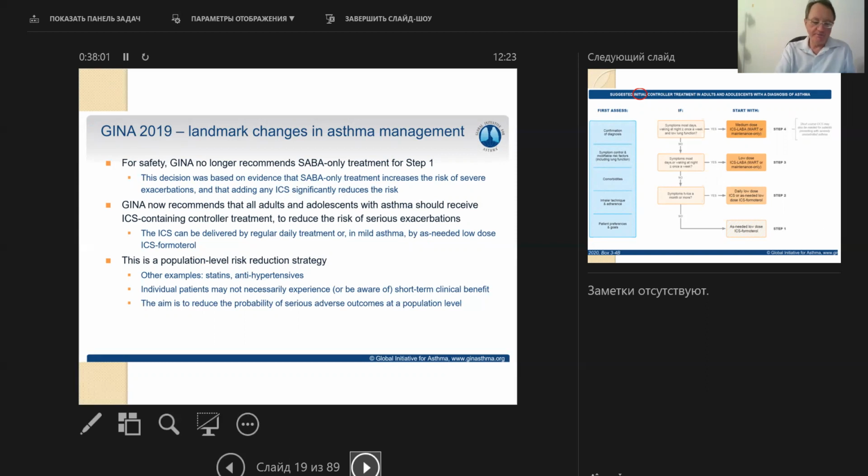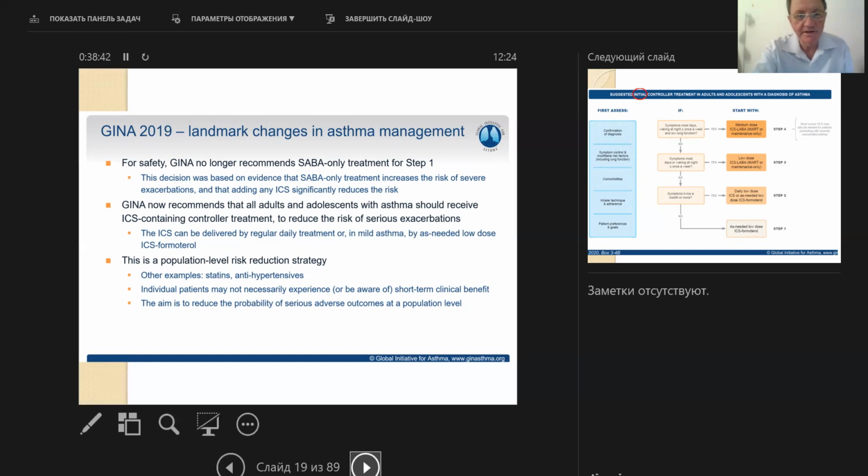So previously, the recommendation concerning the use of SABA for step 1 was that, for example, in asthma with very rare exacerbation, the patient can use only SABA as monotherapy.